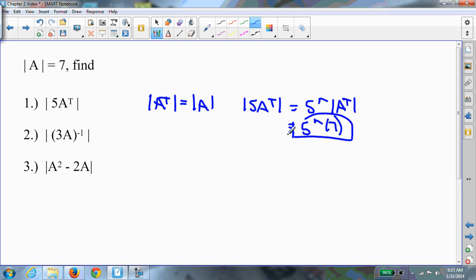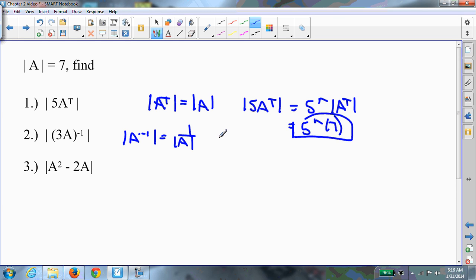Now, let's use that same idea here. The determinant of 3A, all of that inversed. The determinant of A inverse is 1 over the determinant of A. But each of these rows got multiplied by 3.